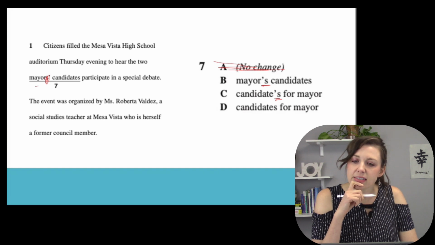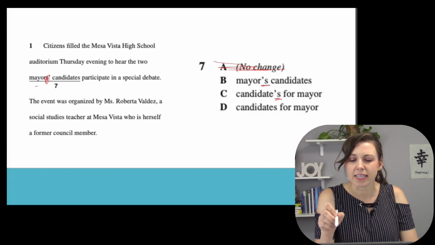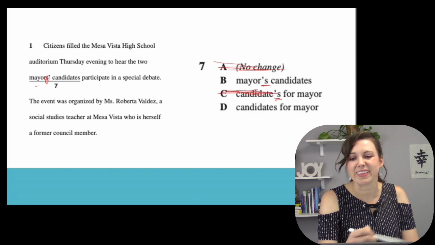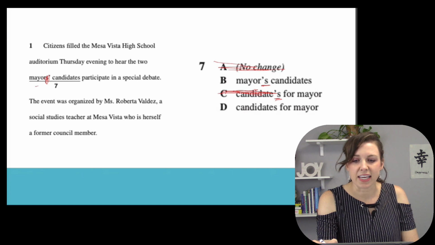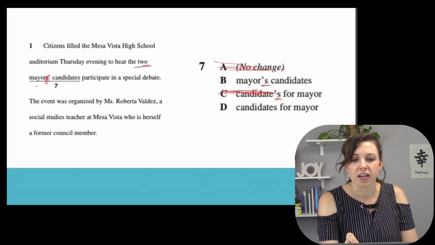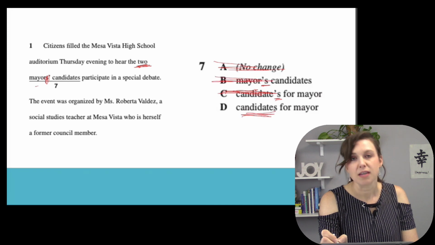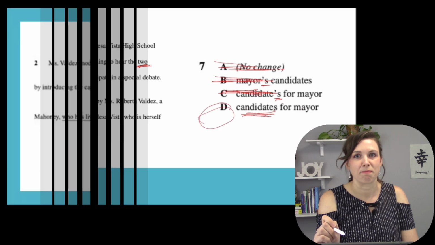C would be candidates is for mayor. The two candidate is for mayor. Okay, that's crazy, right? And we know that candidates needs to be plural, not possessive. D, the two candidates for mayor, right? The two here should go right next to candidates, not next to mayors, because we're talking about the two candidates. And so therefore our answer is D.